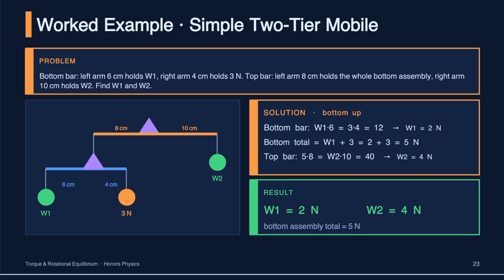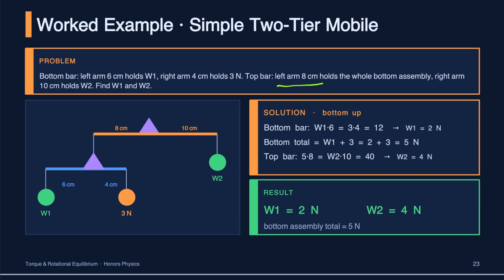A bottom bar, the left arm 6 centimeters holds W1, right arm 4 centimeters holds 3 newtons. Top bar, left arm 8 centimeters holds the whole bottom assembly, right arm 10 centimeters holds W2. Find W1 and W2. Okay, so if this is not moving, that means this has to be in rotational equilibrium, right?